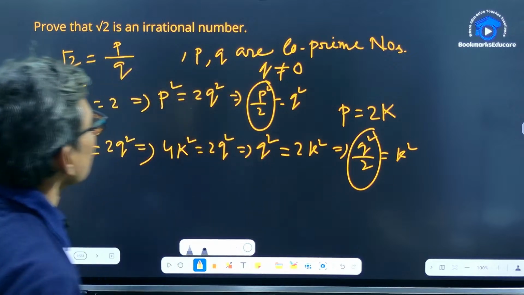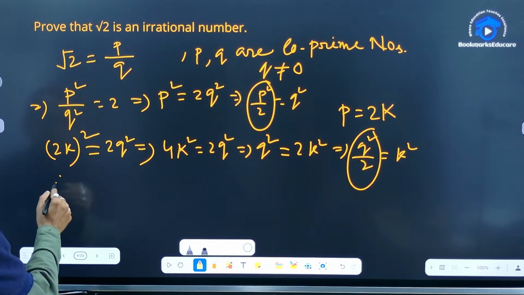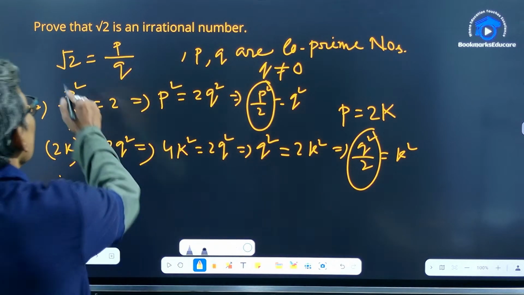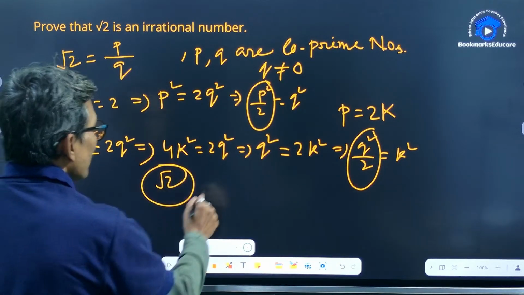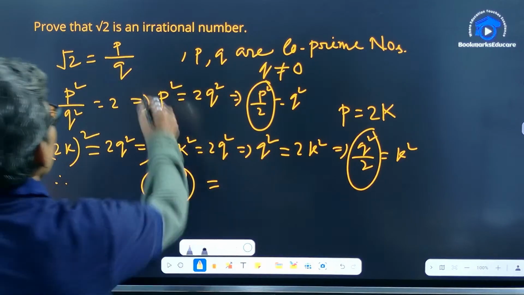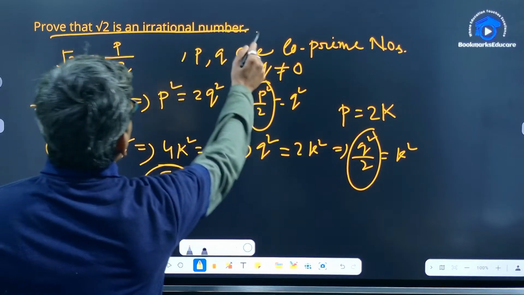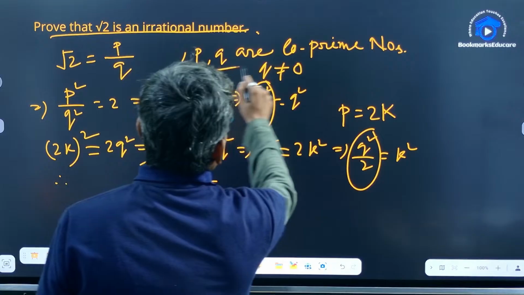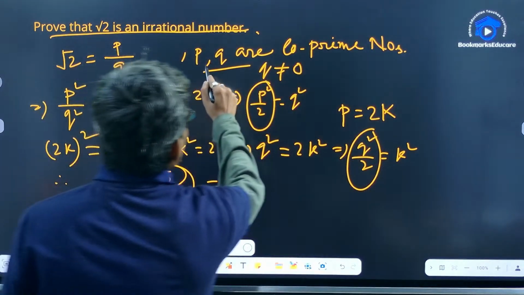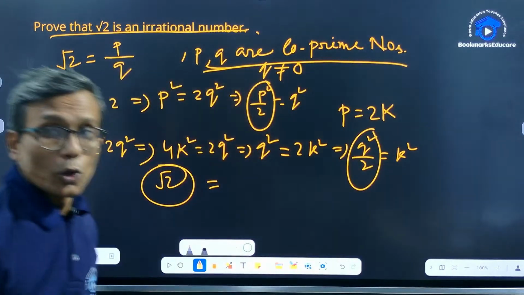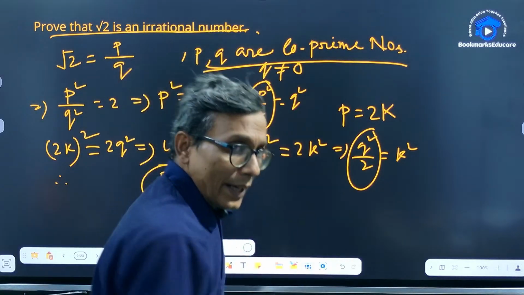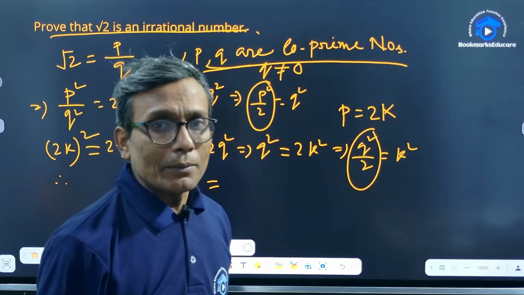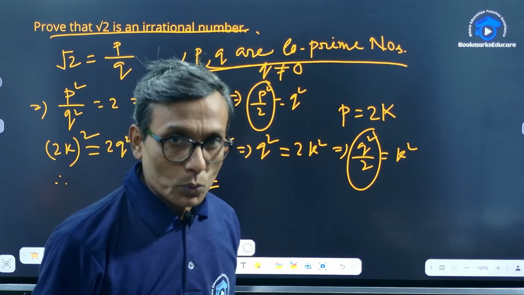So here, we assumed that p and q are co-prime numbers, meaning they have no common factor other than 1, but we have seen that p and q are both divisible by 2.